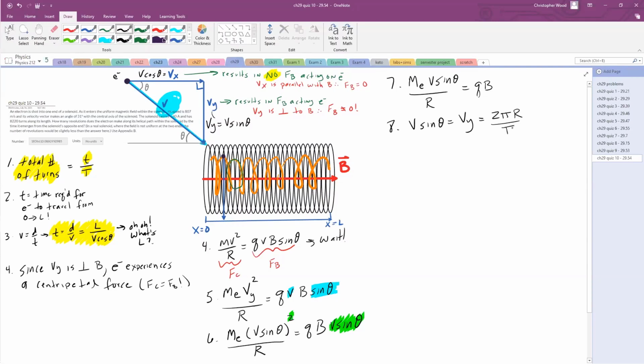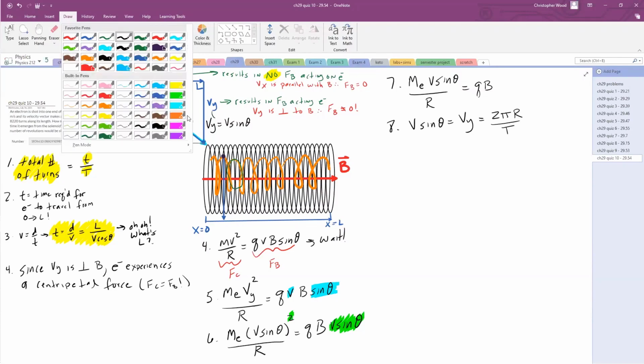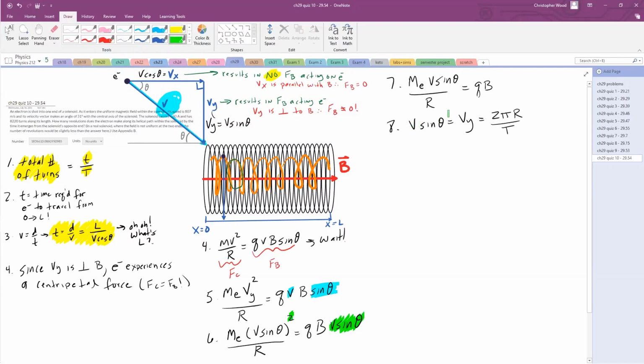And there's my dollar sign. So there's a ton of places to make missteps here. So that's what I'm trying to really be fine-grained. V sine theta is Vy.